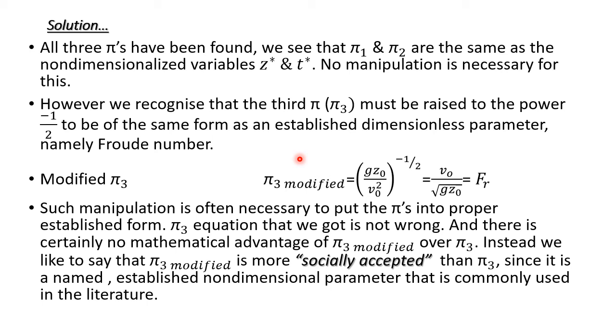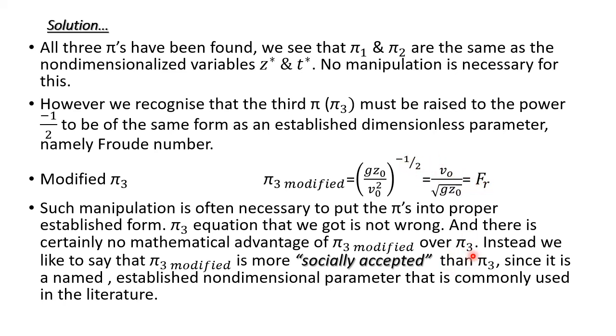Such manipulation is often necessary to put the pi's into proper established form. The pi 3 equation that we got is not wrong. Whatever pi 3 we had found is not wrong, and there is certainly no mathematical advantage of pi 3 modified. We modified pi 3 by putting the power minus half so that we get the Froude number.